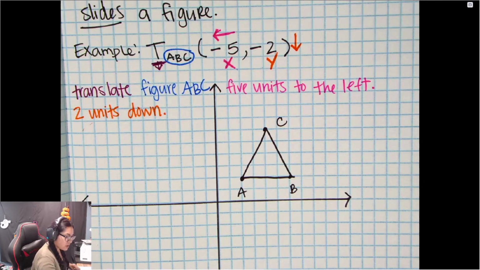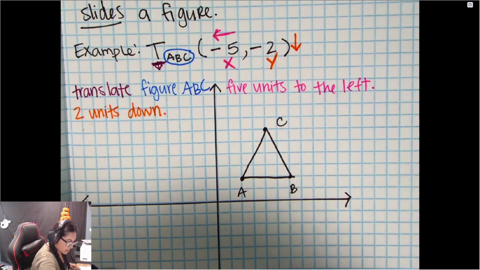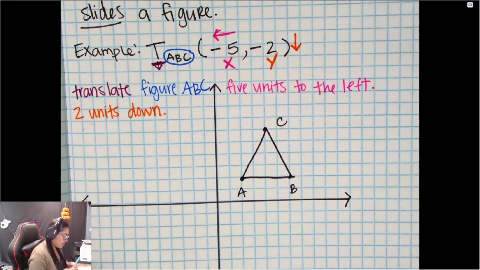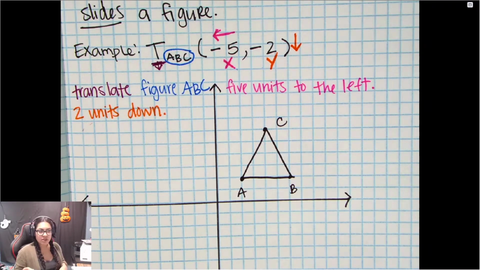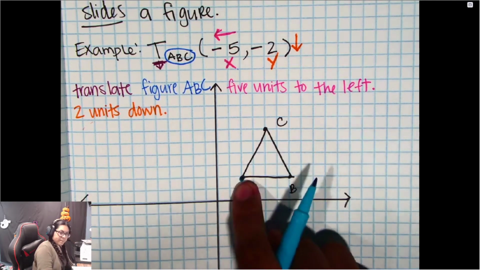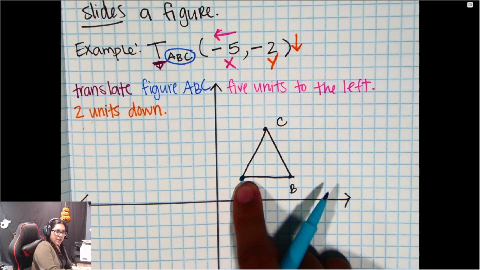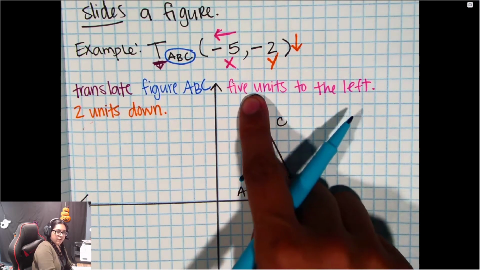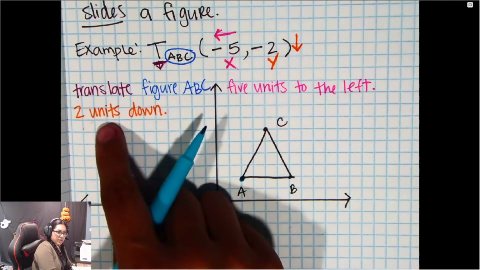So I'm going to use a different color for this. Let's use, like, a cyan color. When we translate, we're translating all of the points in a figure. You can start off with whichever one you want. I'll start off with A. As we wrote up here, I want to move 5 units to the left and 2 down.